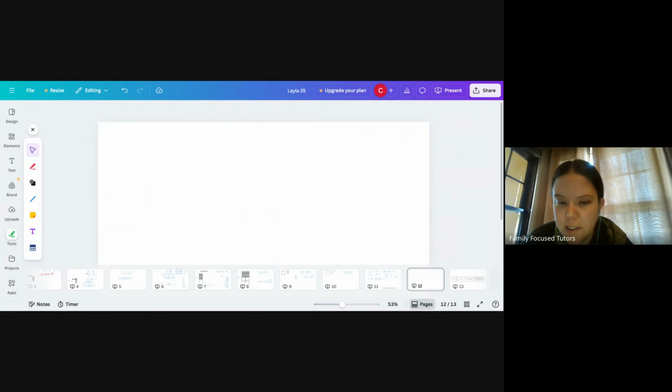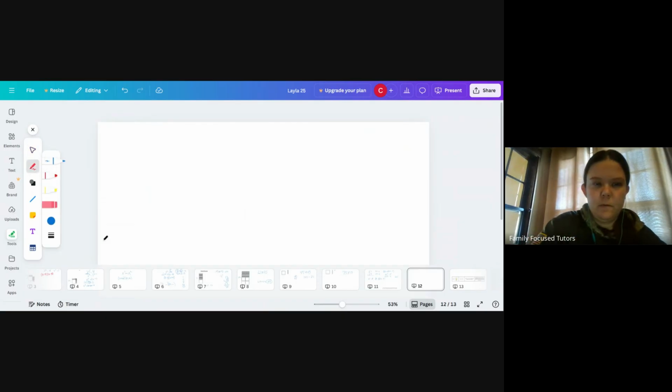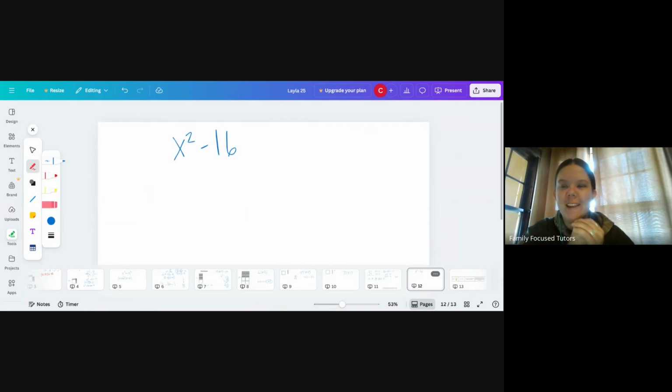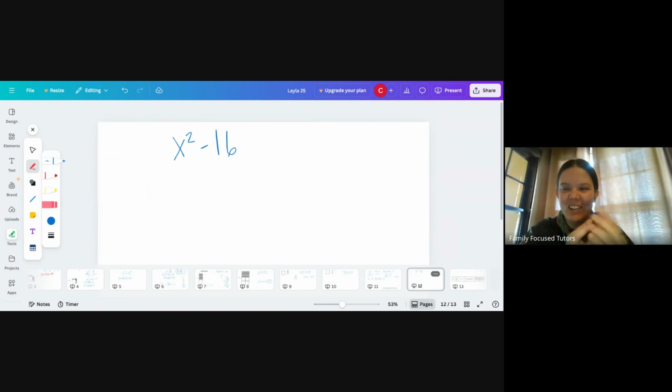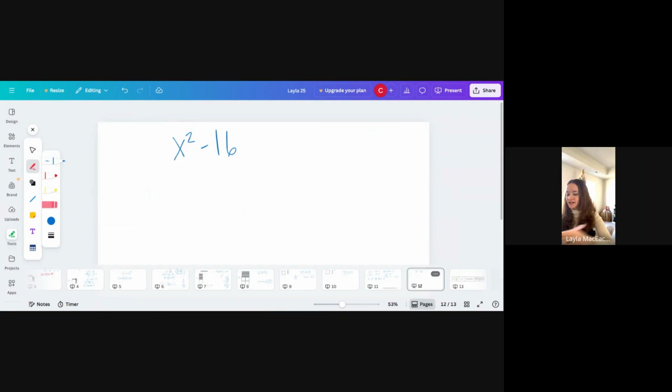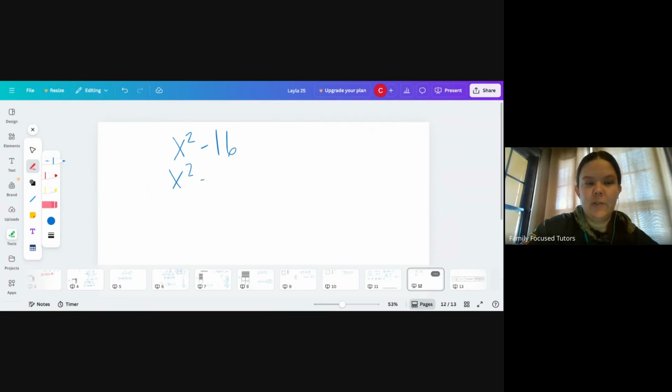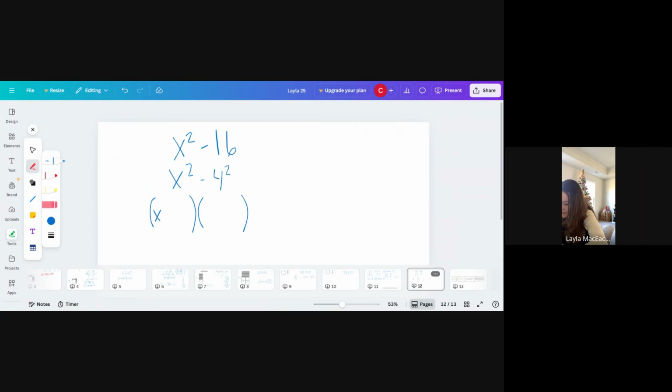So number 2 is x squared minus 16. So you're going to do it the short way? Definitely. Okay. So how are you going to rewrite that so that you can see the factors? X squared minus 4 squared. Yes, x squared minus 4 squared. Okay. And then what are your two factors? They're x minus 4 and x plus 4.